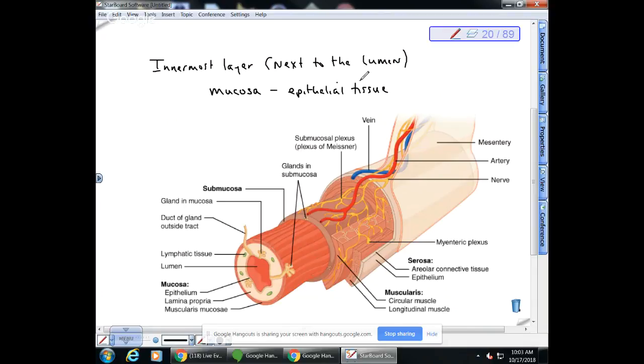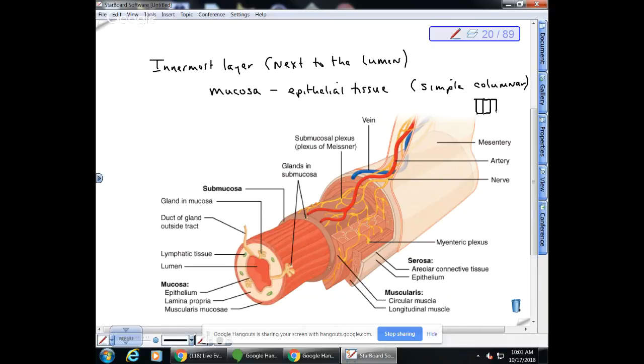And from here on out, that epithelial tissue is actually simple columnar. So this is the case in the stomach and in the intestines. And remember that simple means that it is a single layer, and column-shaped means that it looks like this.